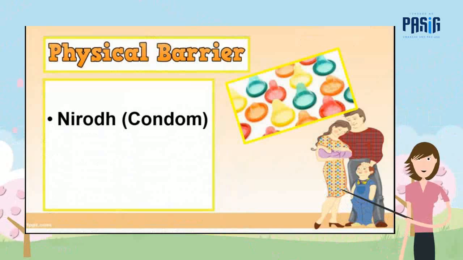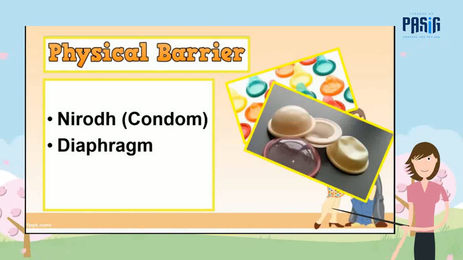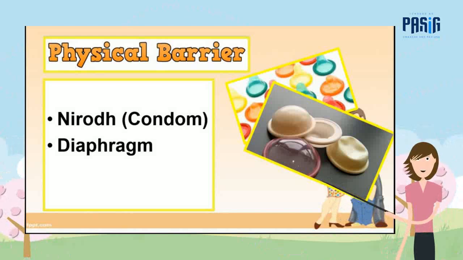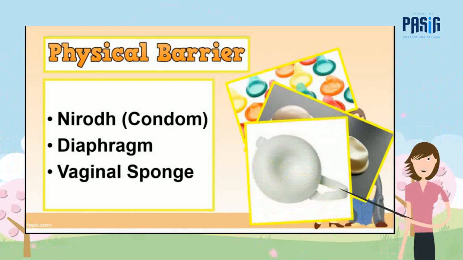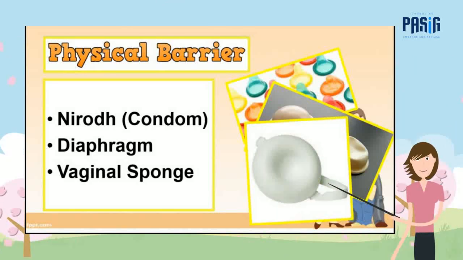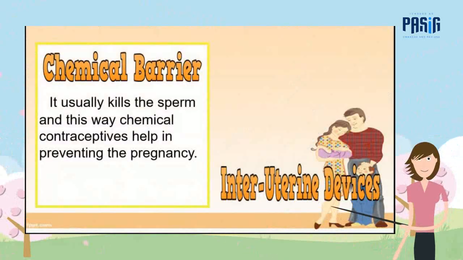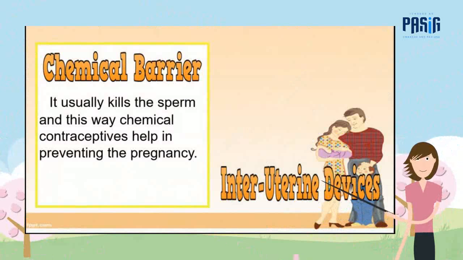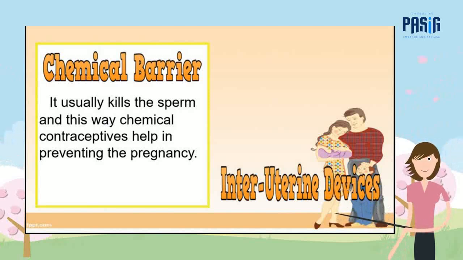It is a thin rubber sheet which is used by men. Next is the diaphragm. It is used by women in her vagina to form a barrier in front of the cervix. Next is the vaginal sponge. It is a small polyurethane foam sponge diffused with spermicide. Next is the chemical barrier. It usually kills the sperm, and these chemical contraceptives help in preventing pregnancy.